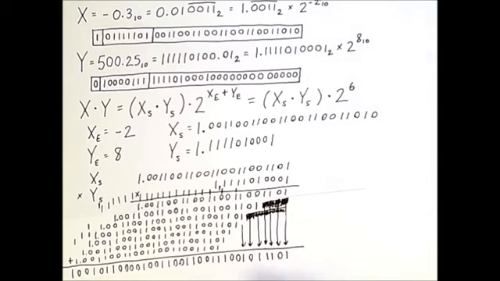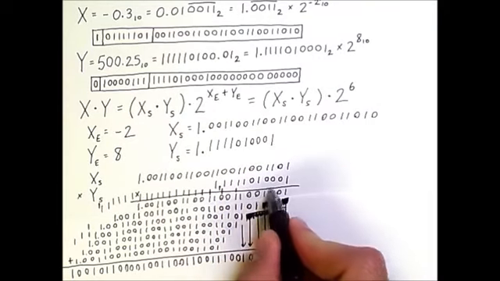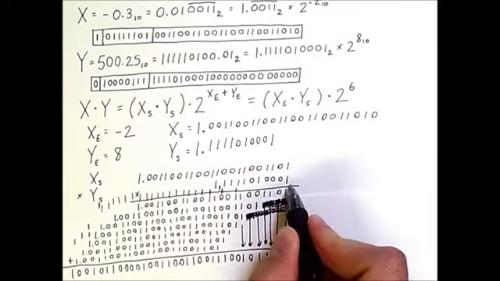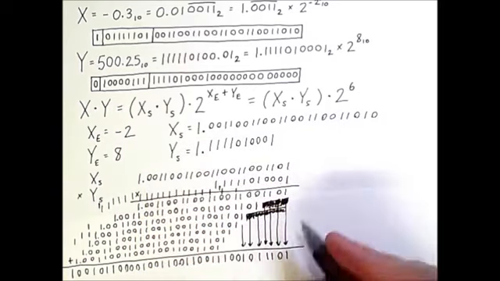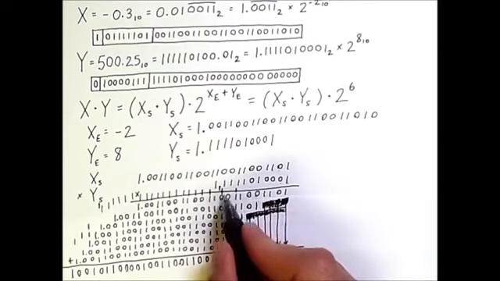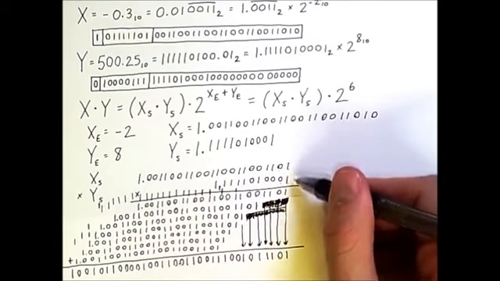And now we need to find out where the binary point goes here. We can do that by counting up the number of positions after the point in this number, and the number of positions after the point in this number. There are 32 bits after these 2 binary points in total.